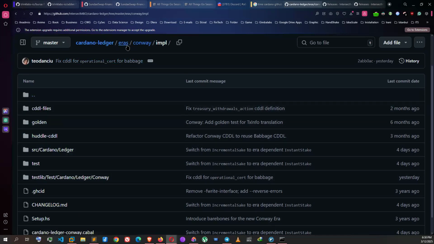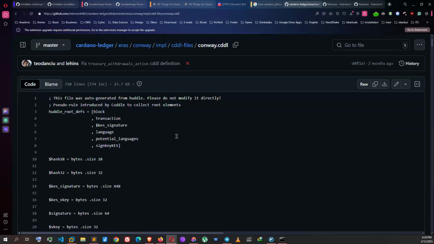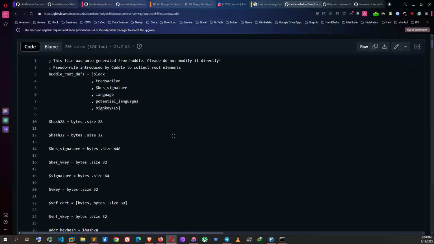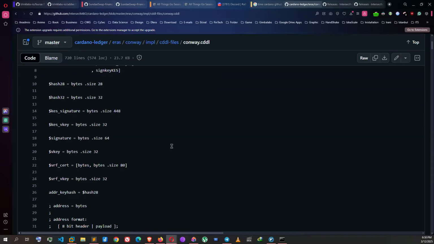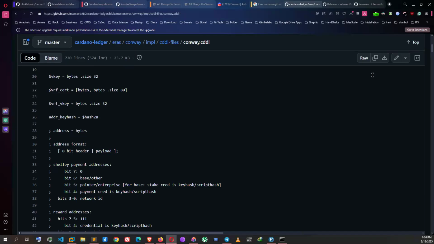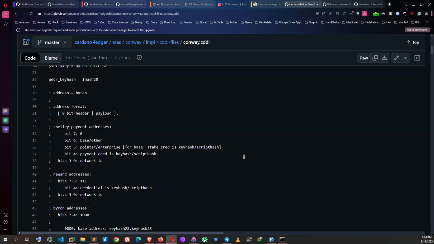But normally, if you go through the eras, I mean the Cardano ledger eras, and the CDDL files, in the most human-readable way possible we can read about the whole thing. And for all of these, we have something related to protocol parameters as well, which I'm going to talk about.